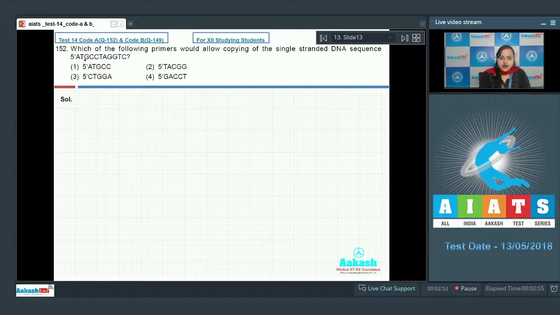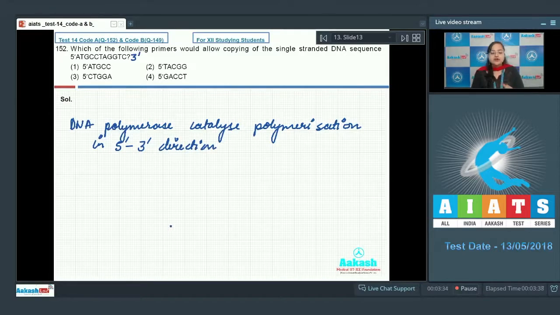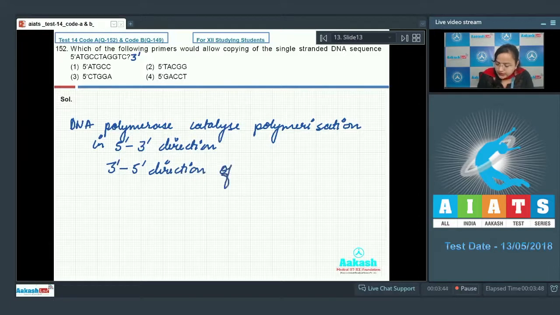If one end of the strand is given as the 5' end, then the other end is the 3' end, and you know that DNA polymerase catalyzes polymerization in the 5' to 3' direction. 5' to 3' direction means 3' to 5' direction of the template strand.